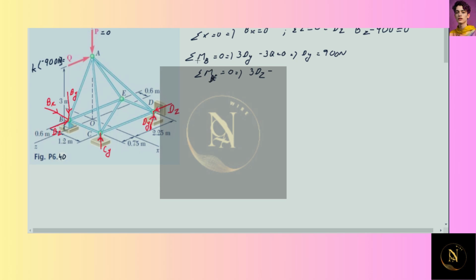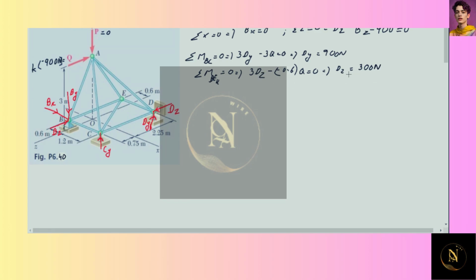To avoid confusion, this is along K. So 3 dz minus 0.6 meter times q equal to 0. So this gives us the value for dz, that will be 300 Newton.